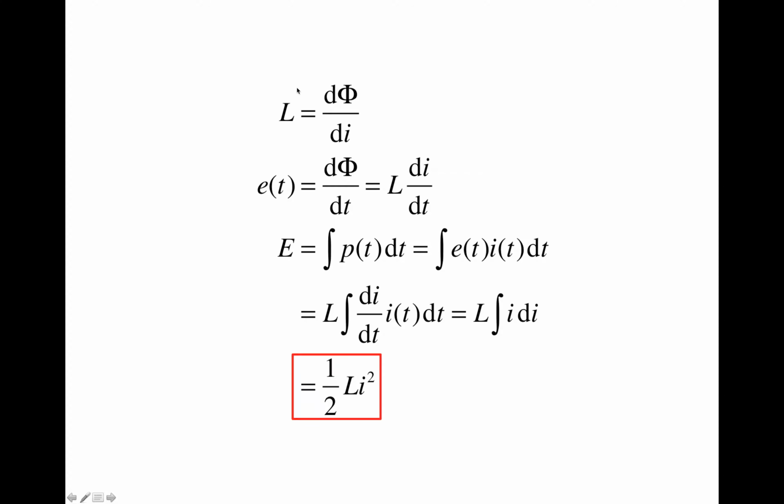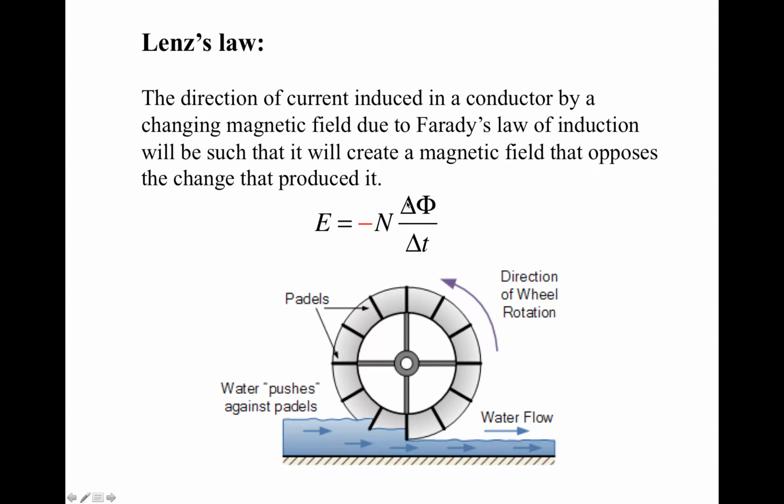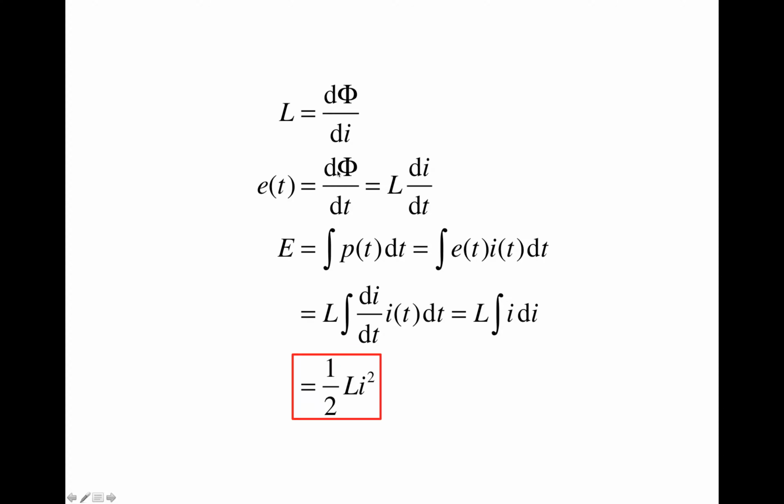If we rearrange this equation, then we have dΦ = L di. Once we bring this definition of inductance into Faraday's law, where voltage equals the rate of change of magnetic flux, we are using derivatives here. In the past we have been using delta, a finite change, but you can convert that into a derivative without any difference.